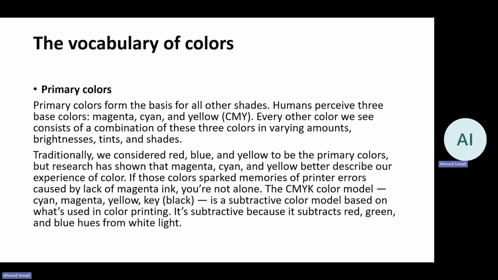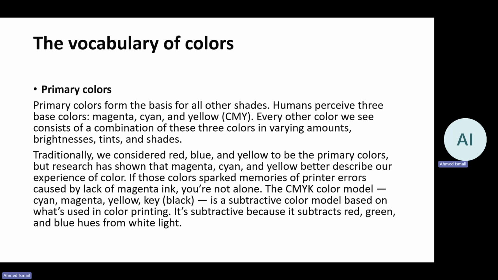The primary colors. So what are the primary colors? The primary colors are a very important definition that we have here in our work, which is designing. Primary colors form the basis for the other shades. Humans perceive three base colors.